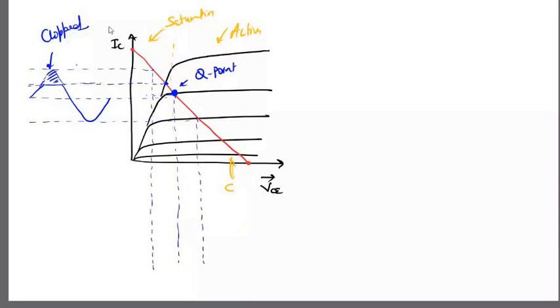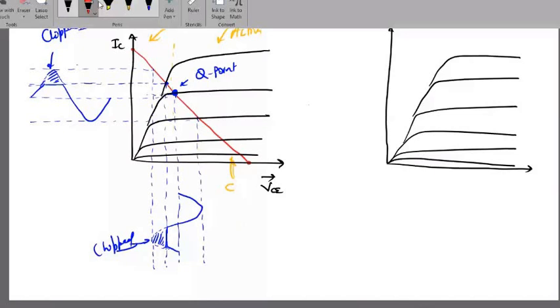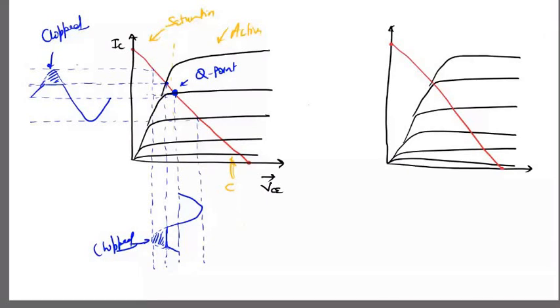Now, the third case. I'm going to select this Q point somewhere at the lower position. This is VCE, this is PCC, this is ICC, and suppose I select this point somewhere at the lower position of the DC load line. This is the Q point I have selected here.